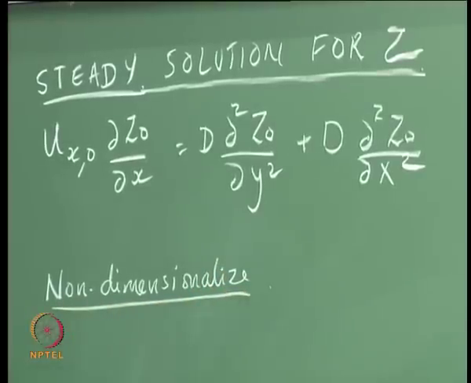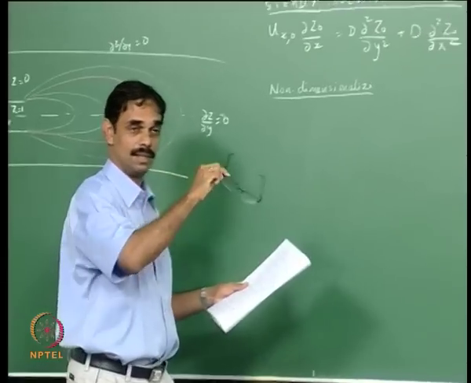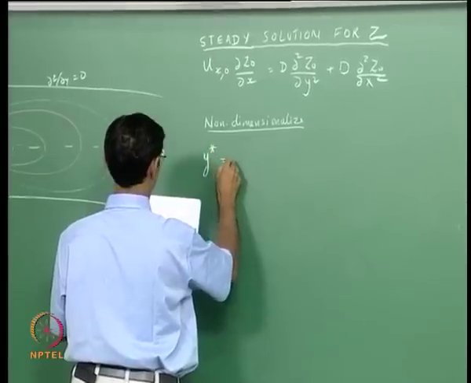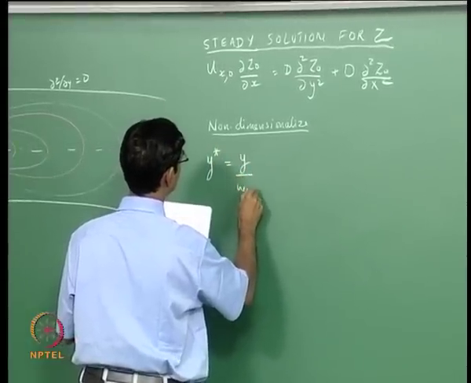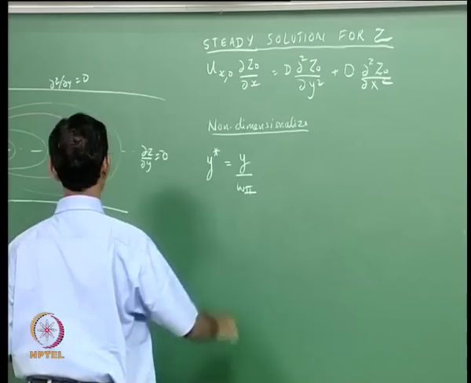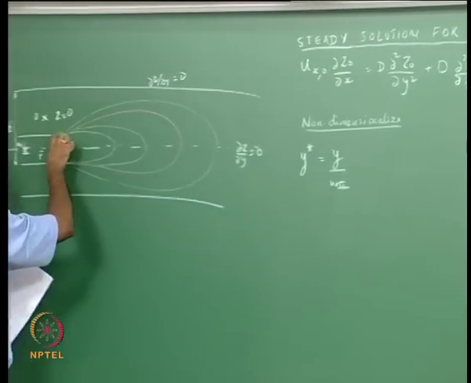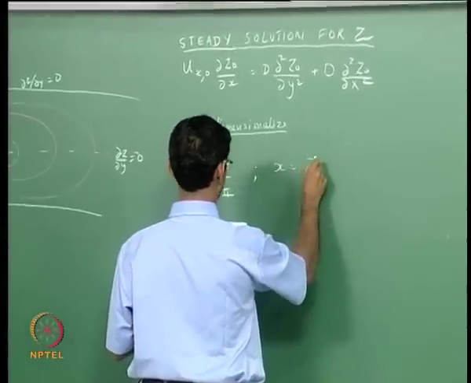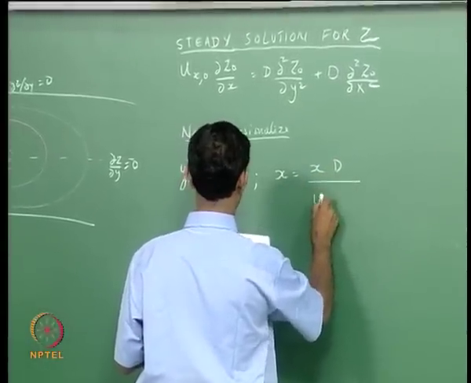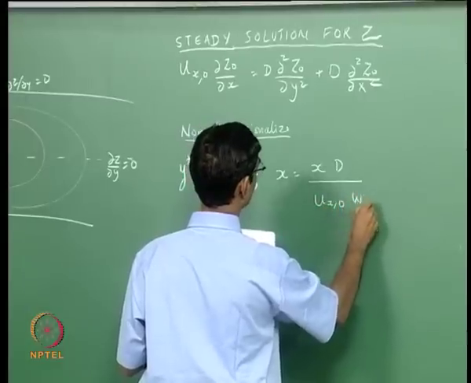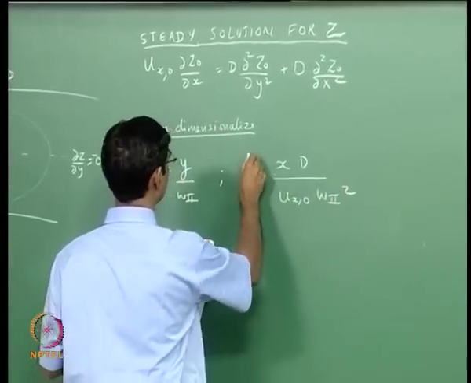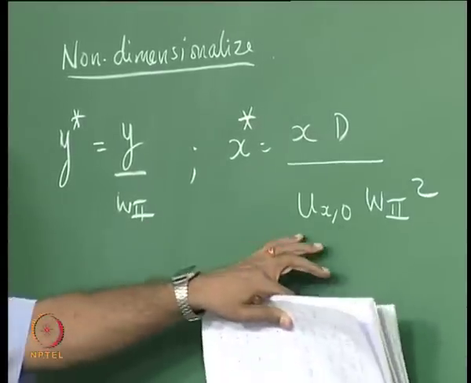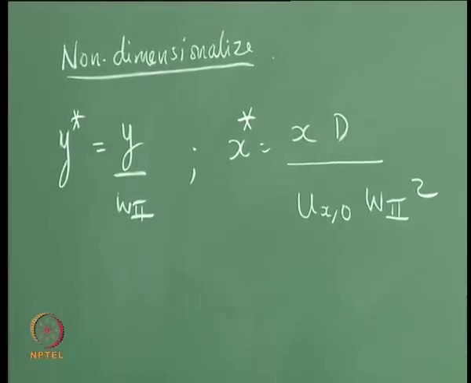Rather than copy the solution, please work out the problem along with me and let me know if there are any mistakes. We non-dimensionalize y with this slot width W2, and x we are non-dimensionalizing with this.